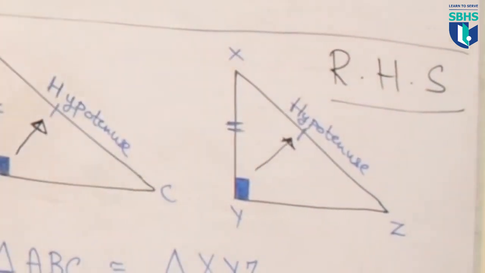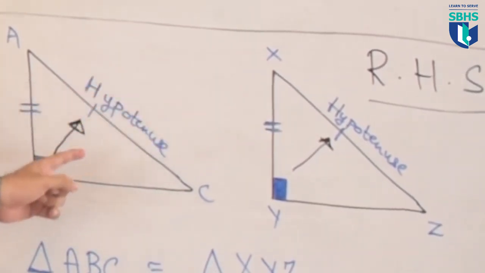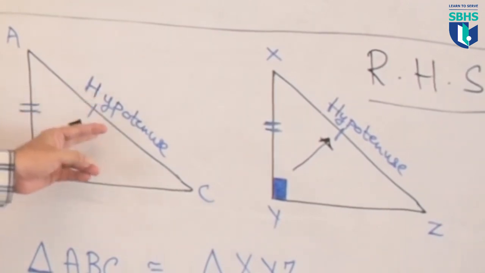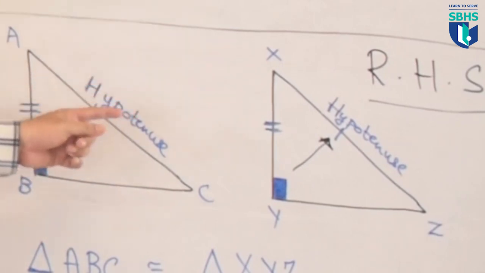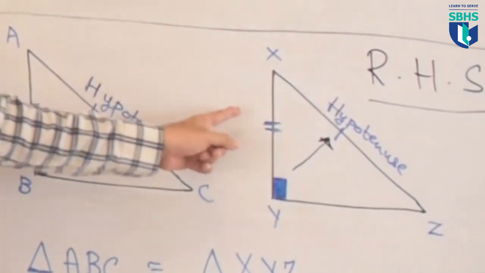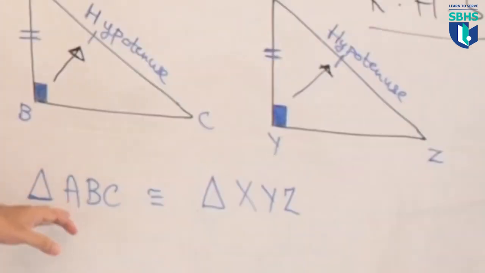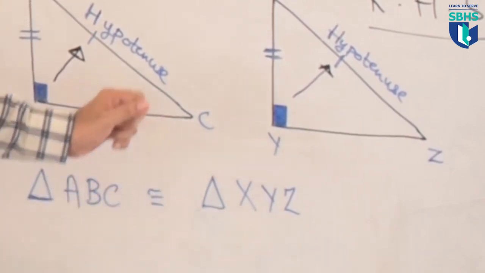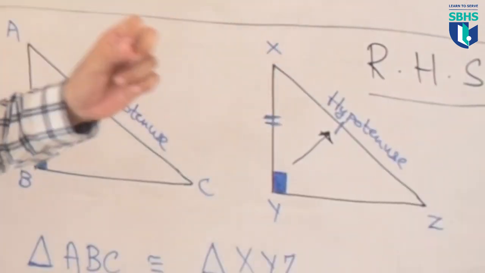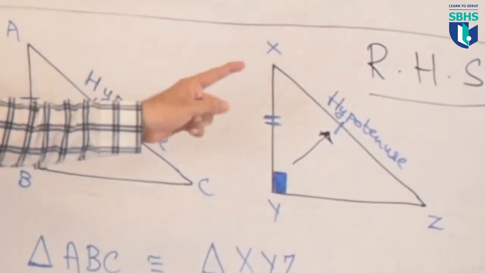We can say that when we are comparing two right angle triangles, and the corresponding hypotenuses are equal, and with the corresponding hypotenuse one more side is also congruent, then we can safely say that both the triangles are congruent to each other. So this final condition is RHS, which means right angle hypotenuse side.